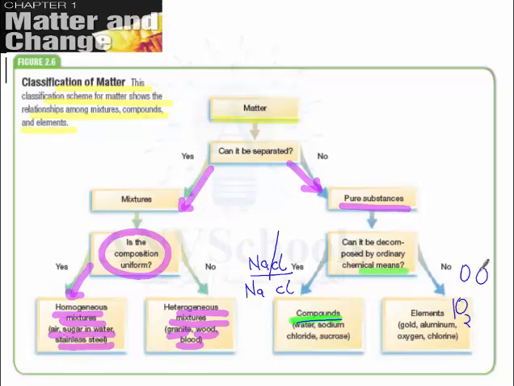You will have two oxygens. They are both oxygens, so that is an element. An element will have the same types of atoms, but a compound will have different types of atoms. We will stop here, and in the next unit we will look at the differences in mixtures, or how we can separate mixtures.